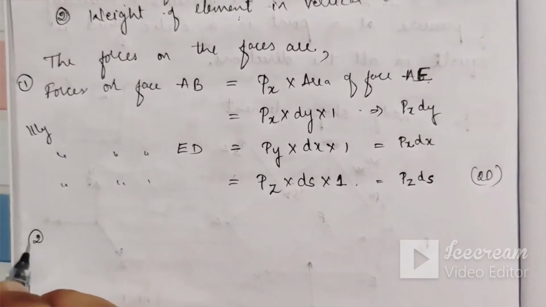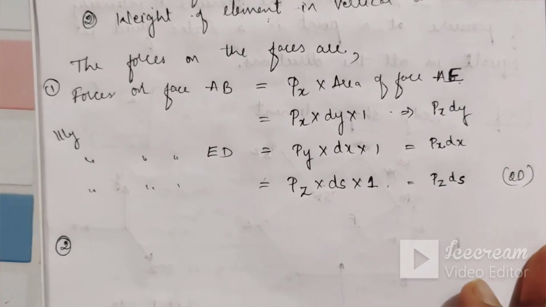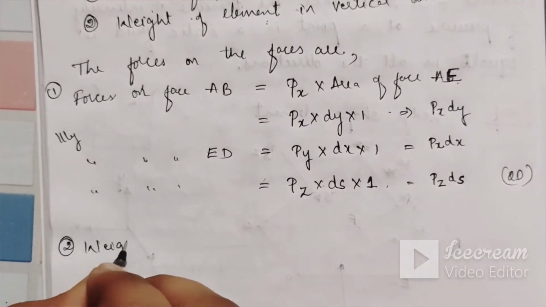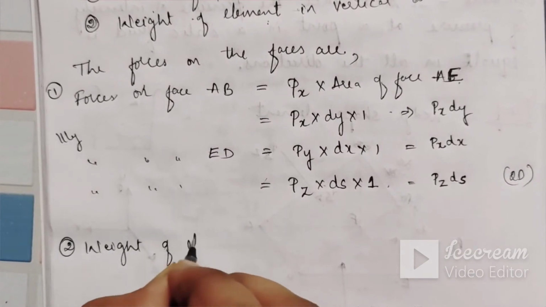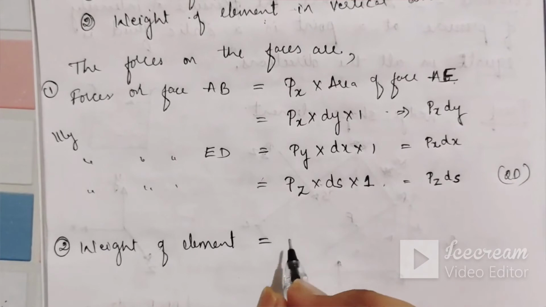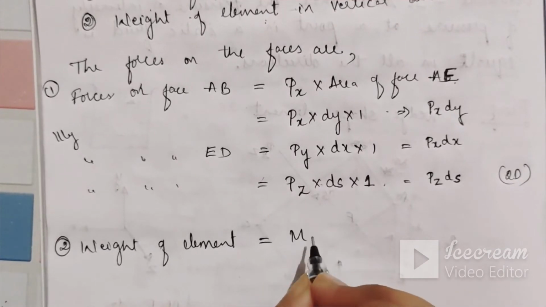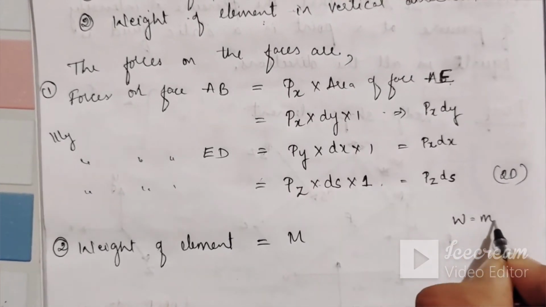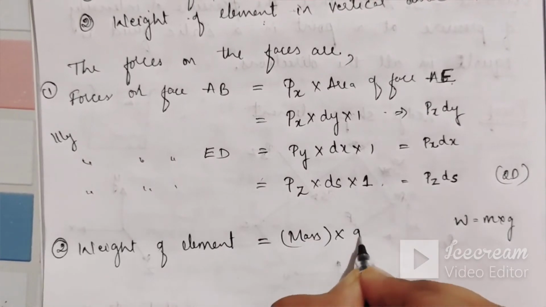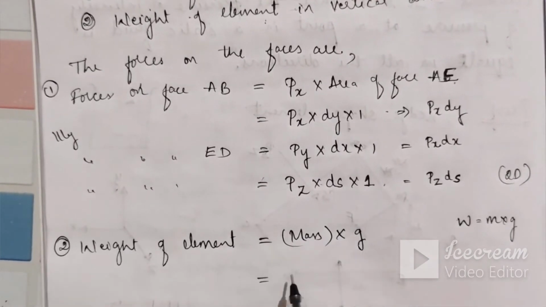Next, the force due to the weight, the weight of the element. The weight W is equal to mass into gravity. How to calculate mass?